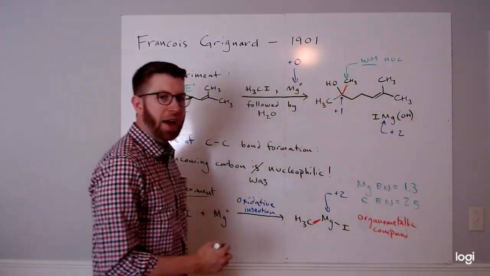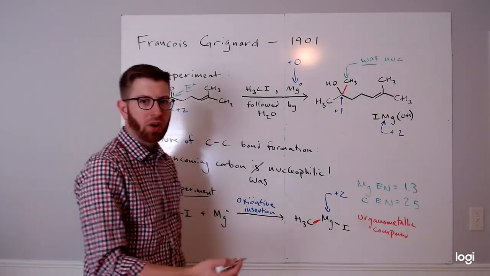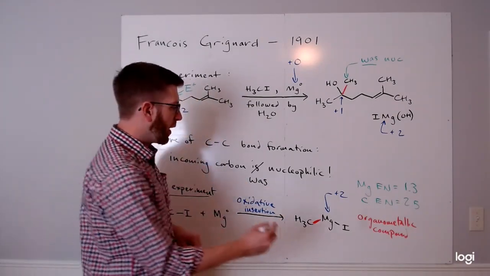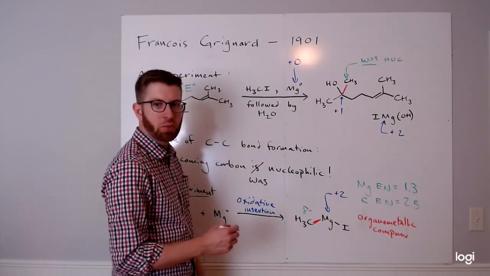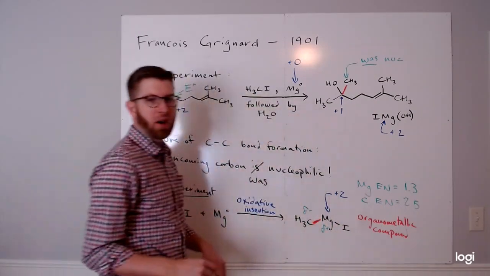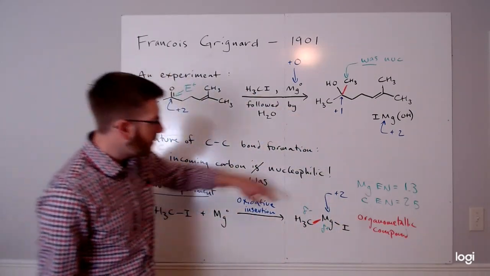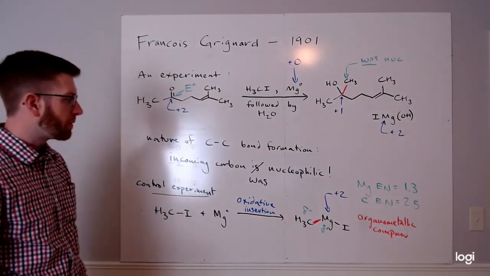So this is a highly polarized bond, and since carbon is more electronegative than magnesium, there's a significant negative charge buildup on the carbon while there's a positive charge buildup on the magnesium. That's part of how we can justify the +2 oxidation level of the metal itself.